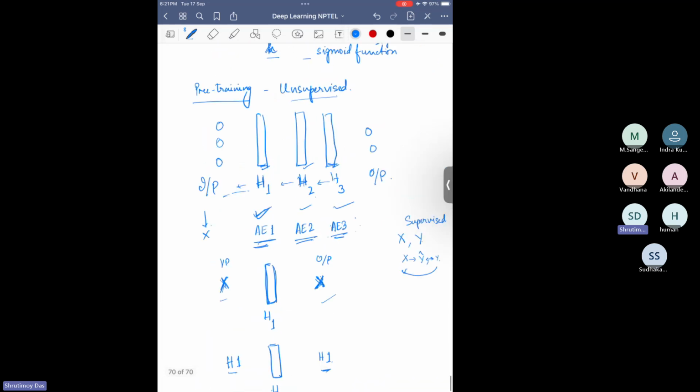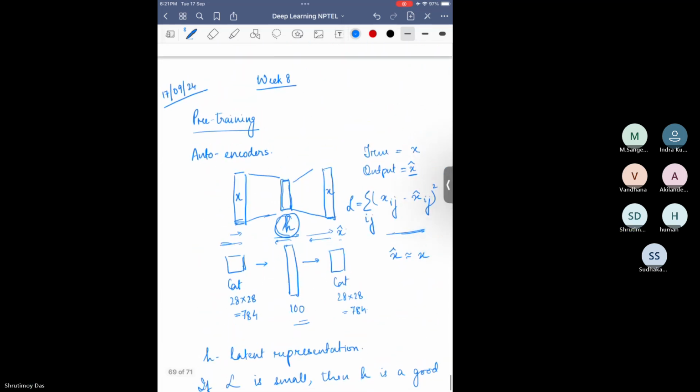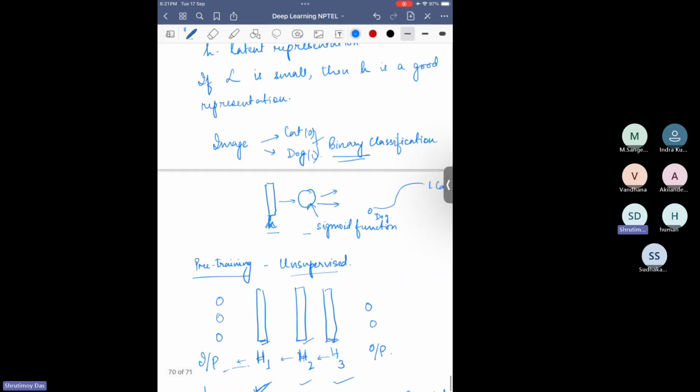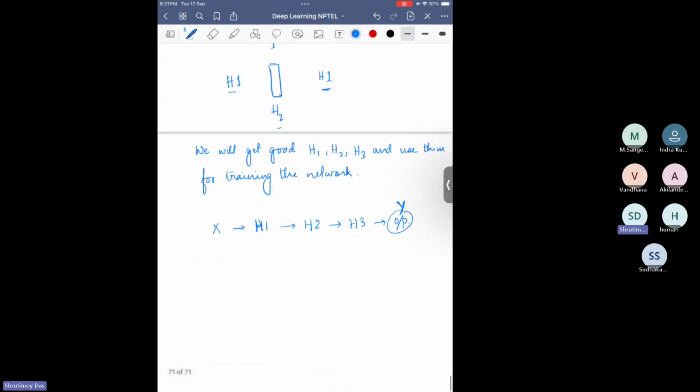Take care that in autoencoders the output is the input itself. If you have x as input, you are taking x as output, and that is unsupervised. But when I'm talking about training a neural network, I'm talking about supervised training, that is, you're using the y itself.